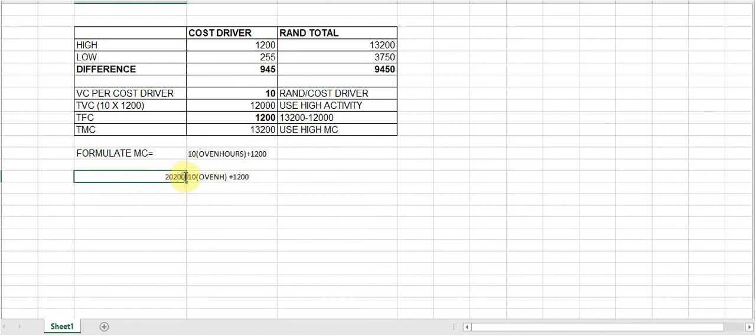Then the 1,200 will come over the rainbow, so we will say 20,200 minus 1,200 should equal for us 10 times the oven hours.